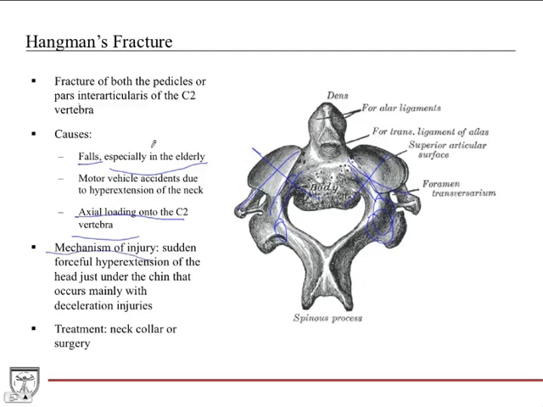So the mechanism of injury: how do these happen? It's a sudden, very forceful hyperextension of the head just under the chin that occurs mainly with deceleration injuries. The reason these are called Hangman's fractures is because they were thought to be responsible for killing people when people used to be hanged in the older days.